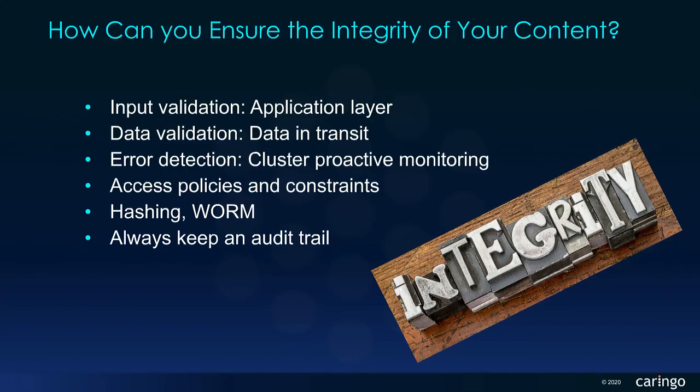Obviously, your clusters should have, like we discussed before, some sort of access policies and constraints. You must be able to set those ACLs or permissions at multiple levels if you have multi-tenancy features in the product that you're using. Also, hashing. We call that integrity seals in our system.